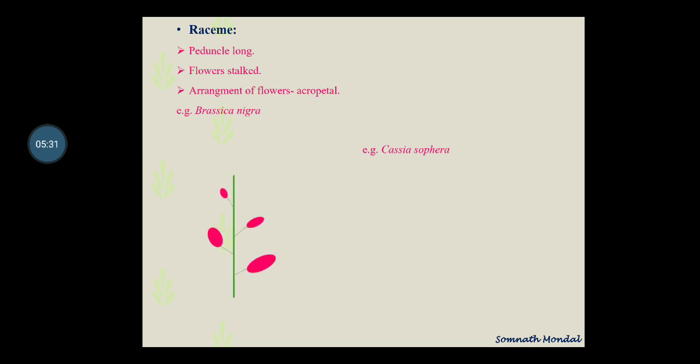Now, raceme. In case of raceme, peduncle is long, flowers are stalked, and arrangement of flower obviously acropetal. Example, Brassica nigra. So this is the basic diagram of raceme. And in case of corymb, also peduncle short, just opposite of the raceme. Flowers are stalked, but arrangement will be acropetal.